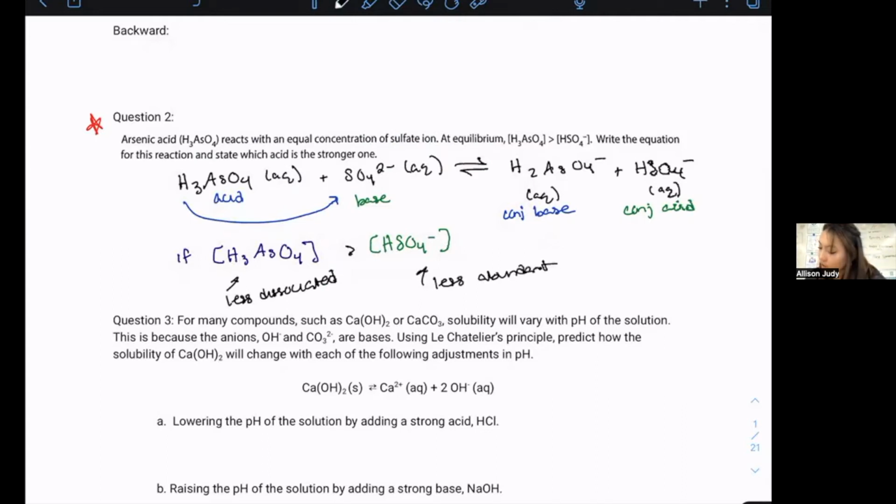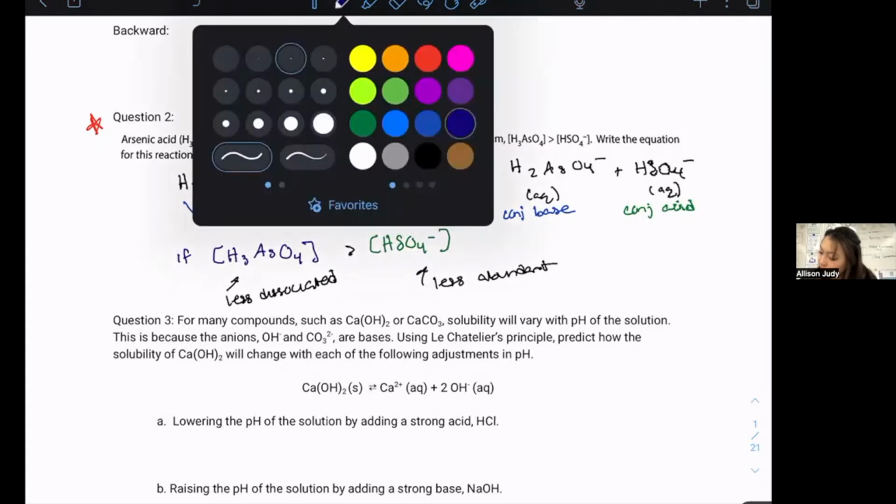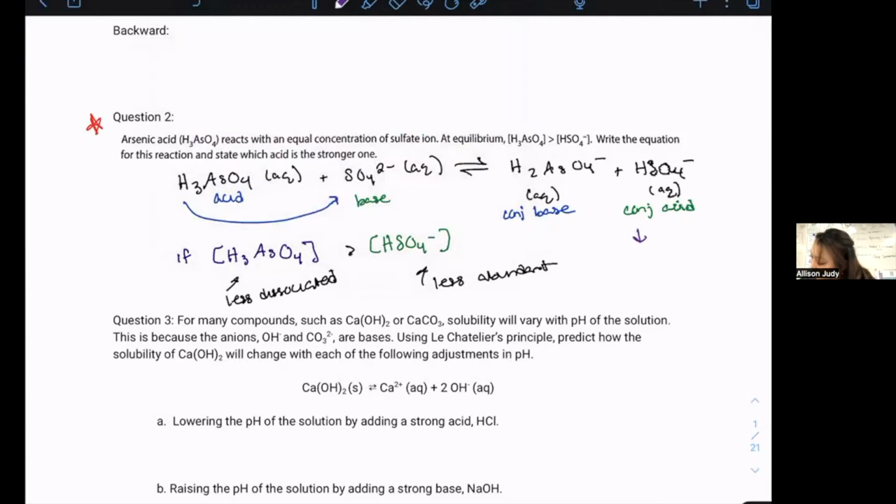So what could happen is that this acid could go further, and it can go from HSO4 minus back to SO4 2 minus. So we see that because of less abundance, the reversible reaction was favored in terms of HSO4 minus going back to SO4 2 minus and donating its proton to H3AsO4.